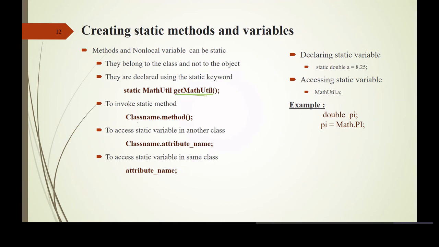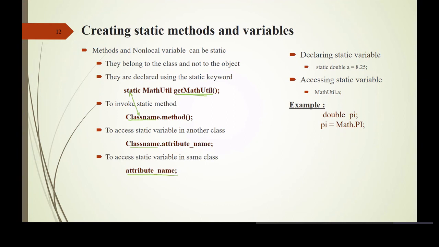Here, for example, to call this method, you have to mention the class name. Why is that? Because it's a static method, as we said. Even if it's a variable or attribute, you have to mention the class name. We already explained that before. If it's in the same class, you can just write the name of the variable.